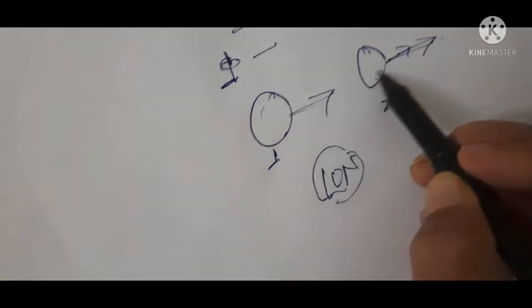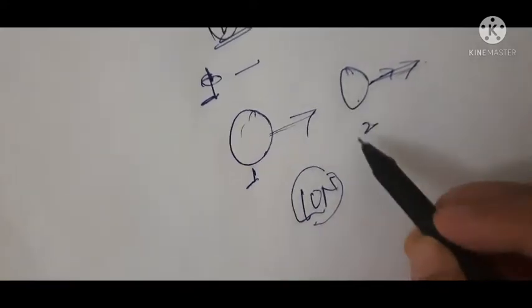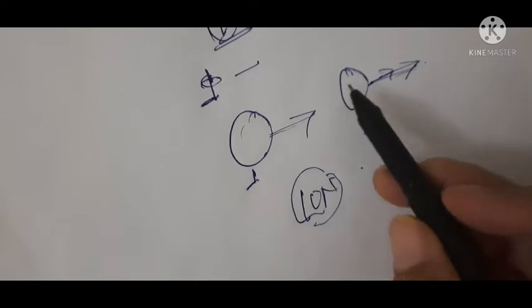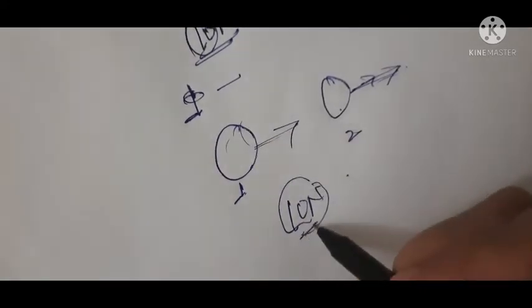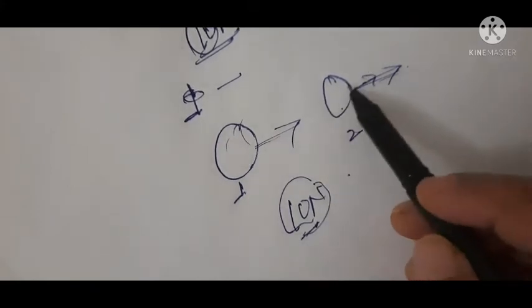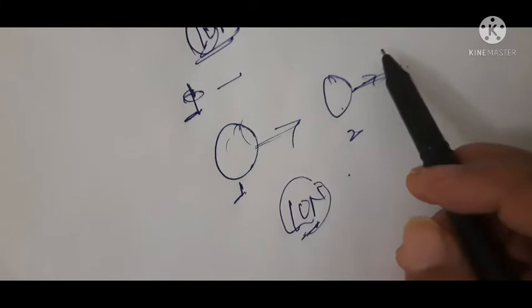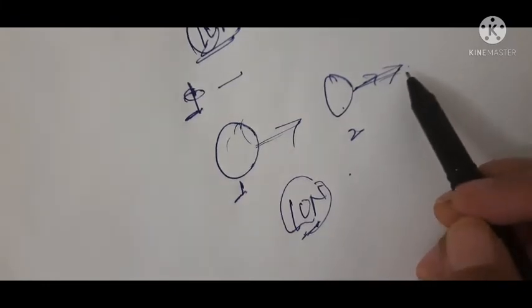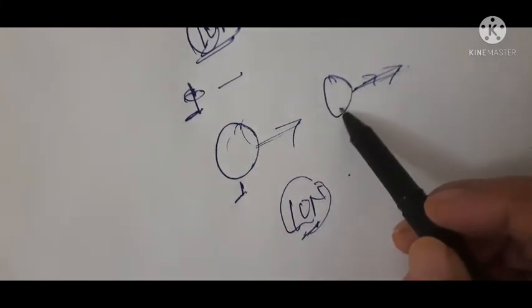Because the force is exerted in this direction, that is called the direction. So force has magnitude, the quantity which tells us how much force is exerted, and direction also, which tells us in which direction the object moves. So force has magnitude as well as direction.